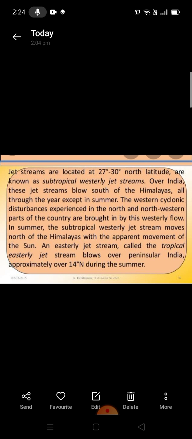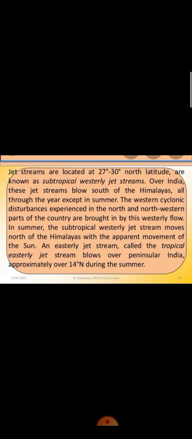The western cyclonic disturbances experienced in the north and northwest part of the country are brought in by this westerly flow. And in summer, the subtropical westerly jet streams move north of the Himalayas with the apparent movement of the sun. और आपको पता है सीज़न जब चेंज होते हैं, these are because of revolution of the earth.